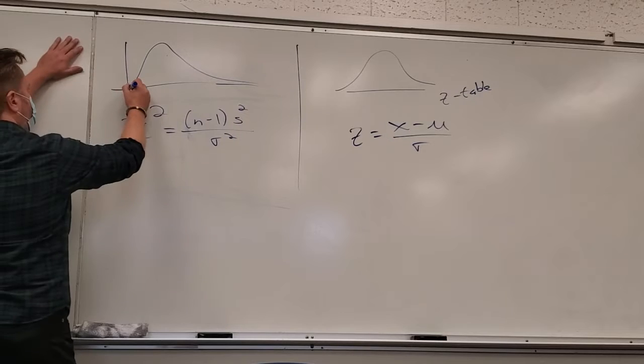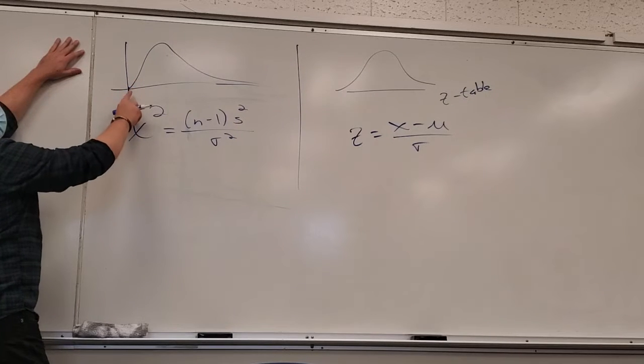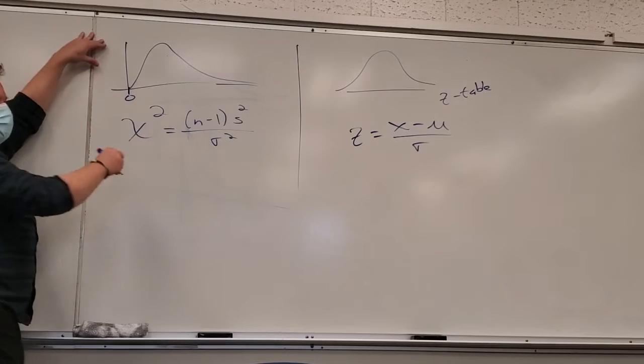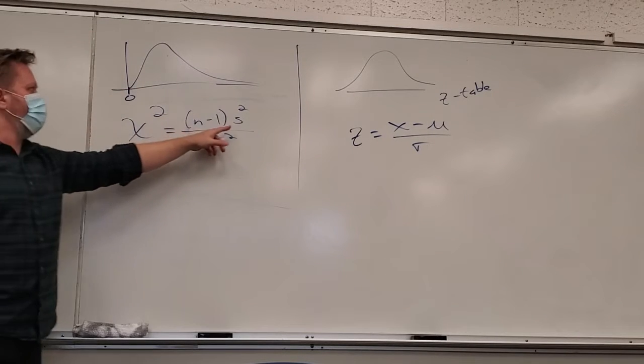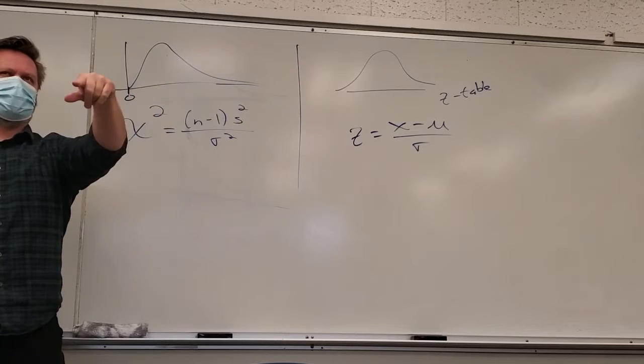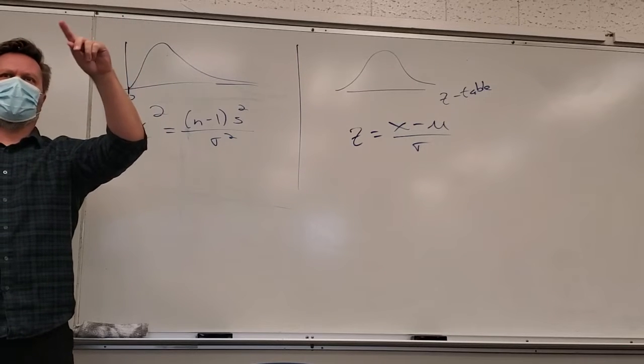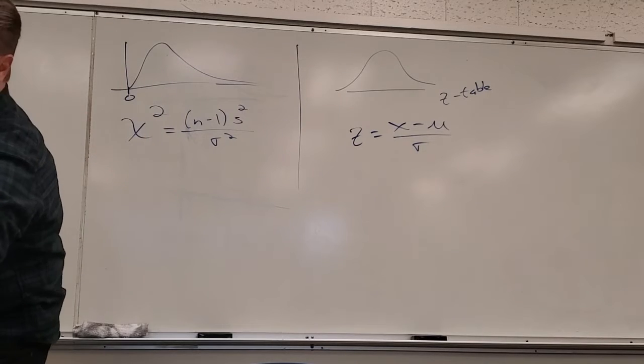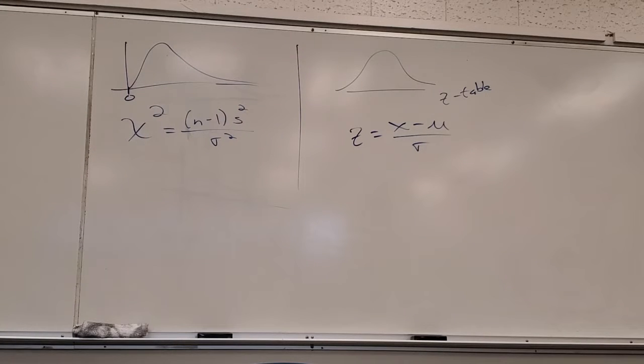Does somebody remember what this was here? That makes sense? 1, 0. 0, I like it, right? Because couldn't you pick a sample? And I asked you this last time. What's the smallest standard deviation you could get from a sample? What's the smallest spread of data that you could get if all the data was what? 0.